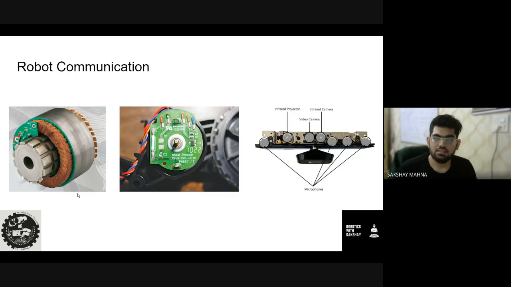The sensors, like a sensor in the robot motor, is going to tell what is the position of the robot in space. And likewise, the camera or even the microphone sensors are going to tell it how to receive the commands from the environment. So the communication part handles all these things, how to perceive and interact with the environment.